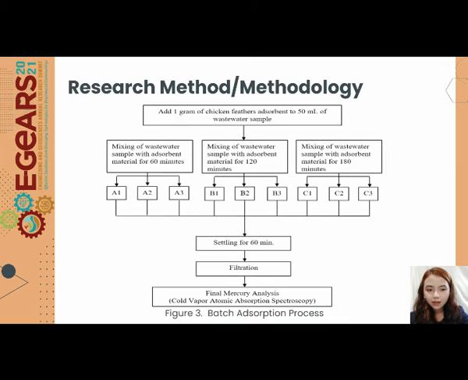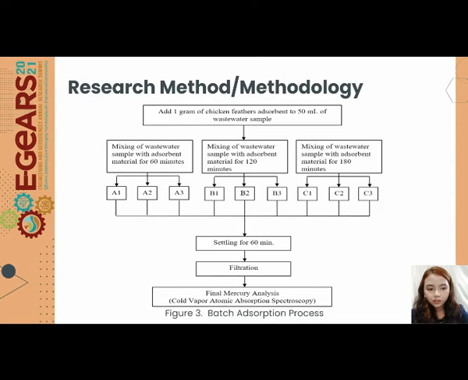And lastly, this diagram shows the flow of the batch adsorption experiments that were performed. The experiment was carried out by adding 1 gram of chicken feather adsorbent to 50 ml of small-scale gold mining wastewater in a 100 milliliter beaker.